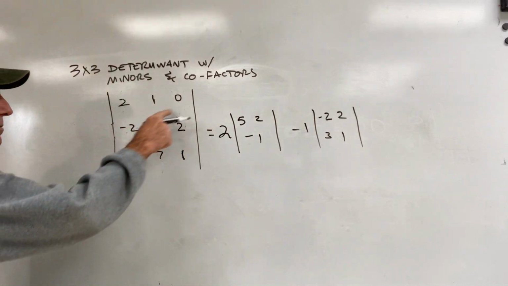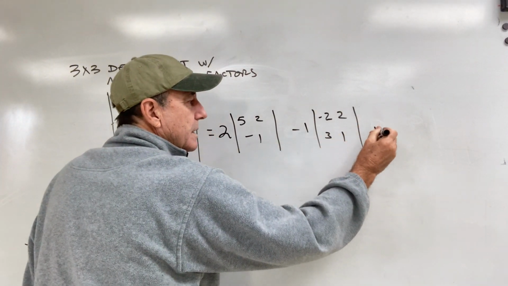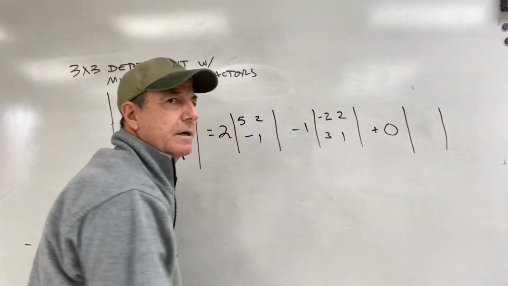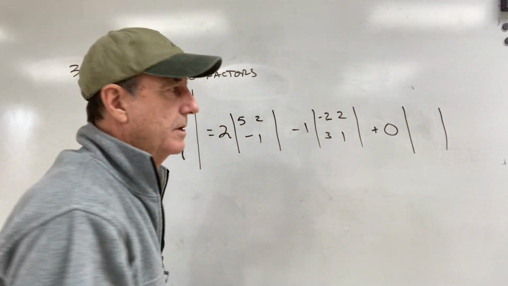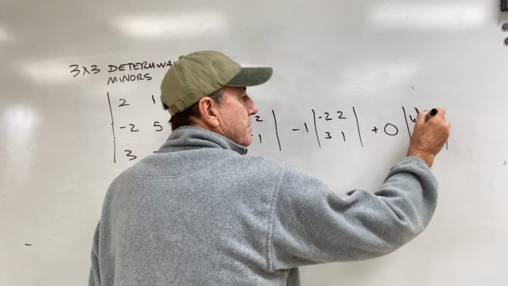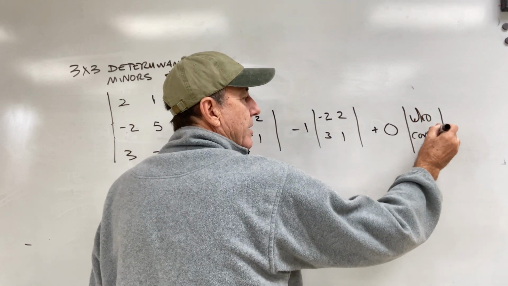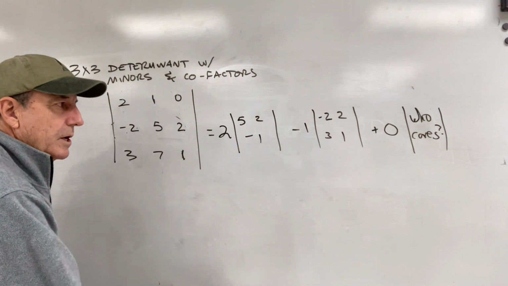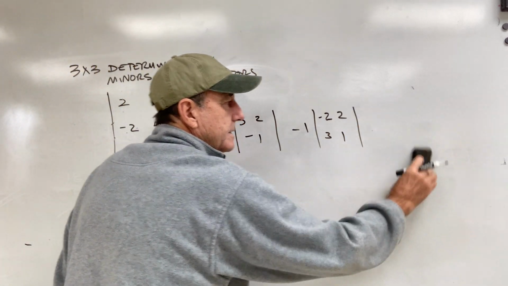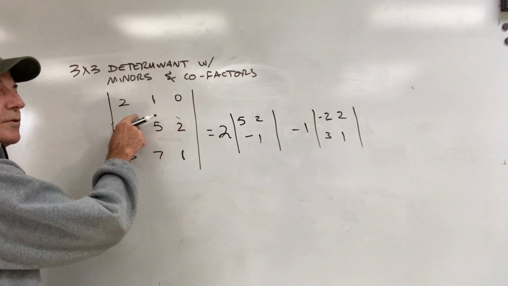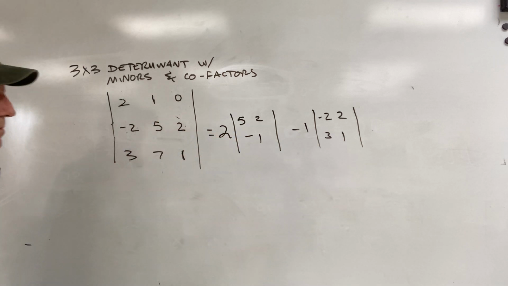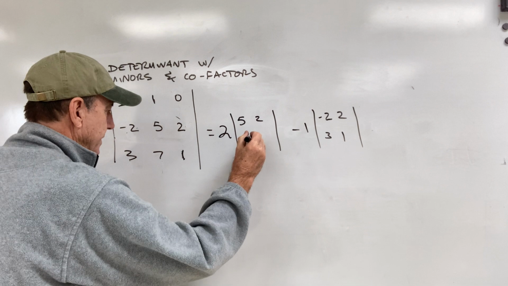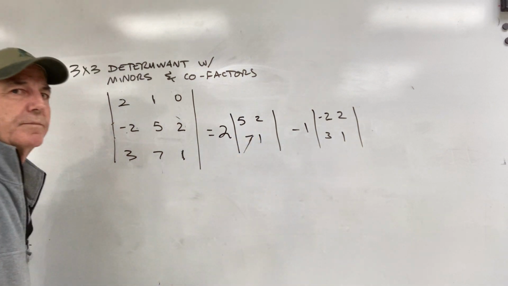And then for the last one, I'm going to have 0 times its minor. But it's 0 times, who cares? It doesn't matter what this is, and it doesn't matter about the power of negative 1 because we're multiplying by 0. So this bit just goes away. So really by using this first row, I only have two 2 by 2s to do. I've lost something here. Let's see, 5, 2, that should be a 7, and I didn't write my 7.